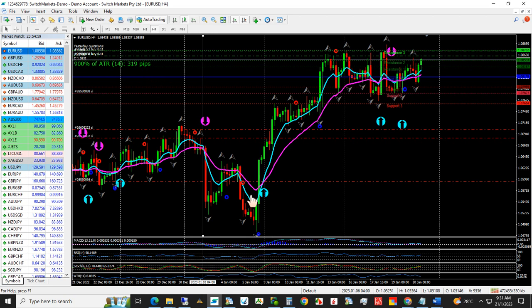So what we could have done is I could add a few more longer term moving averages. I'm going to add a 50, a 100, and a 200.